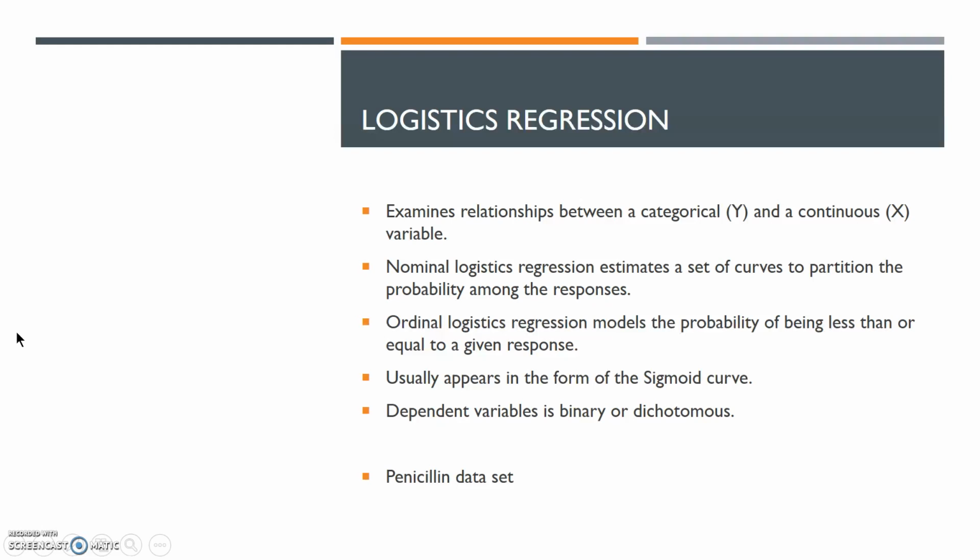And when we say dichotomous, we basically mean that there is some level of branching or division into two parts. And when we head over to JMP, we'll be looking at the penicillin data set to run some logistic regression, look at our results, and then analyze and see the importance of this method, or why this method is useful in many cases.